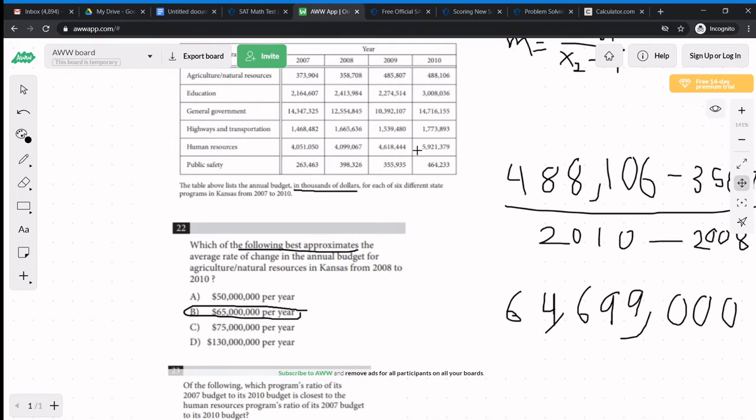051,050 or 050, 5921,379. So we have a calculator.